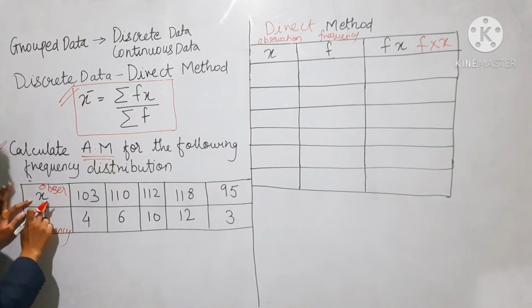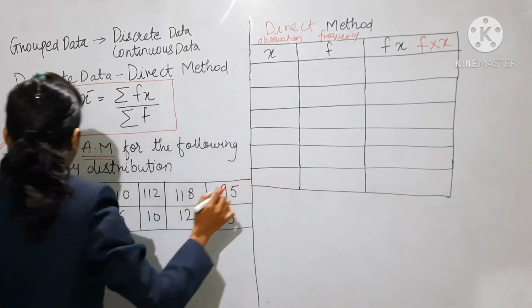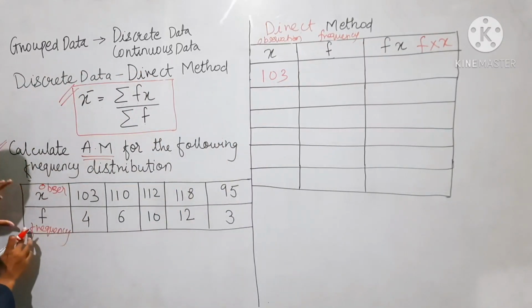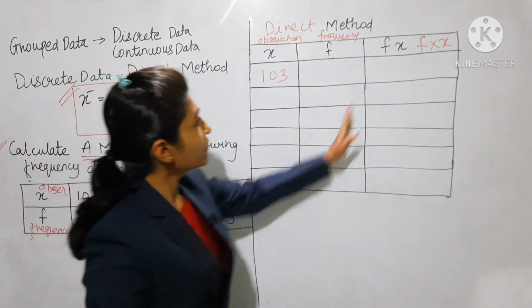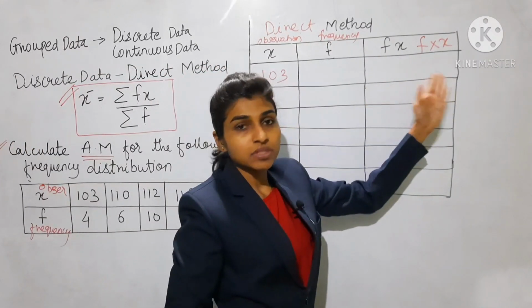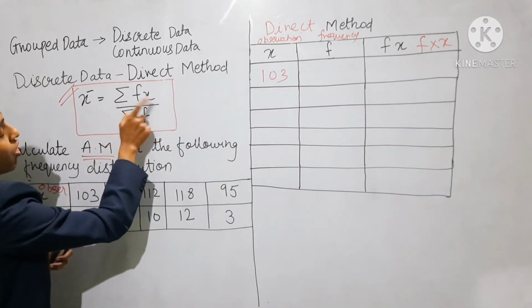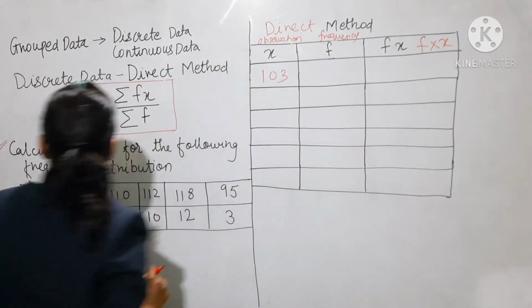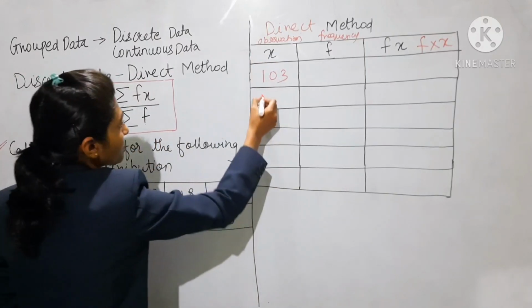So write all the values of x in the x column. So first is what? 103. These two columns you are going to get from your example itself. One more column which you are going to prepare is as per the formula, summation of fx. So write all the values of x in the x column.